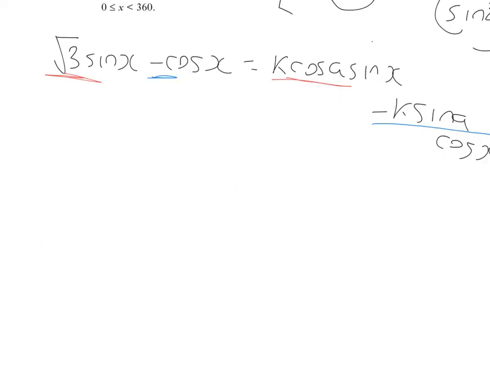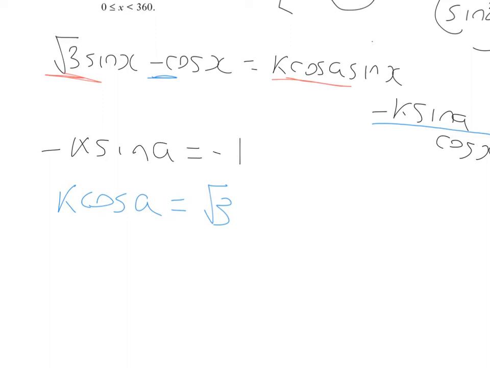Now we can see clearly that the coefficient of sin x is root 3, the coefficient of sin x is k cos a, therefore k cos a is equal to root 3. We can then see clearly again that the coefficient of cos x is minus 1, the coefficient of cos x is minus k sin a, therefore minus k sin a is equal to minus 1. And if that's the case, then k sin a is equal to plus 1.